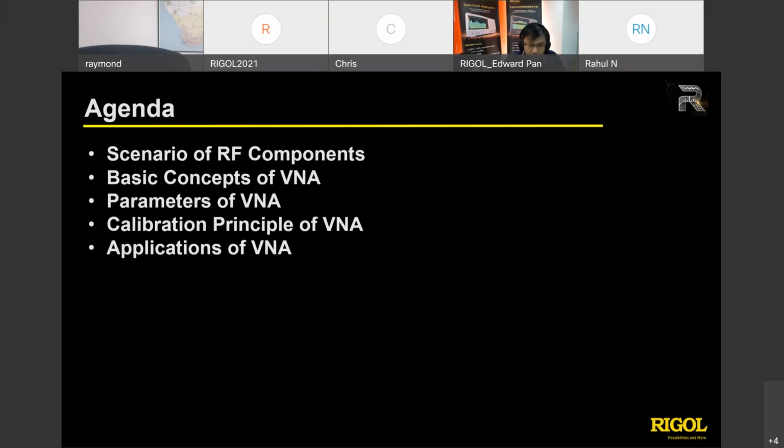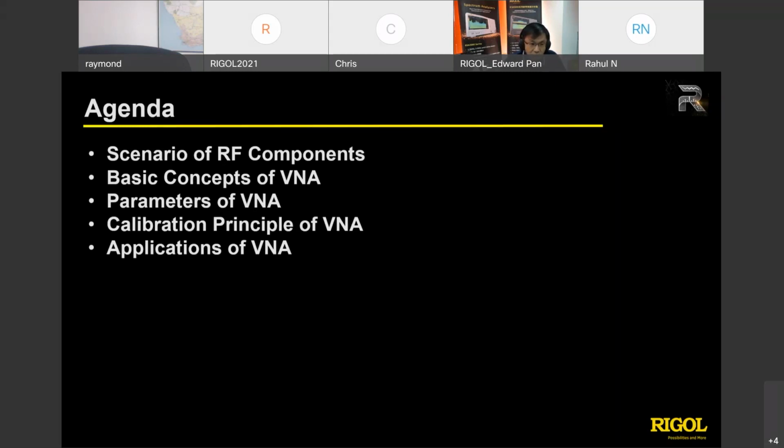You need to know some parameters of the vector network analyzer because it is very important when you implement test and measurement for RF microwave components. In other words, you need to know some transmission line and microwave component knowledge, so it is easier for you to understand and do test and measurement more efficiently.